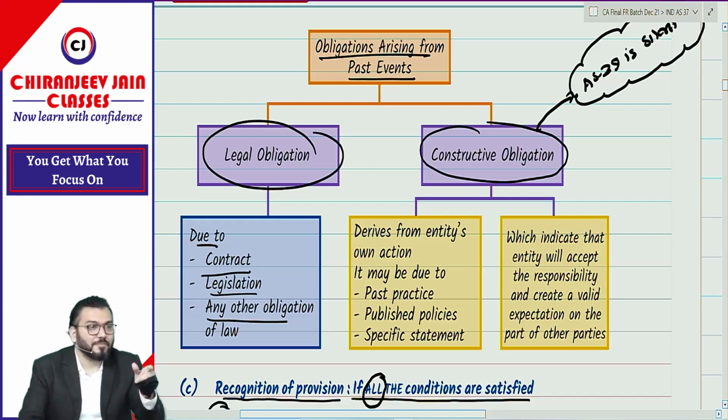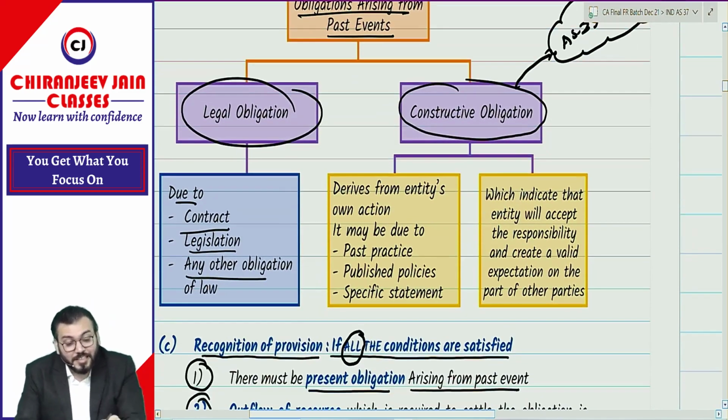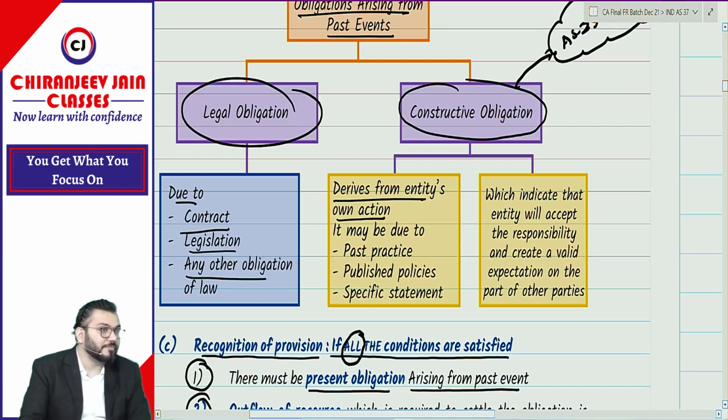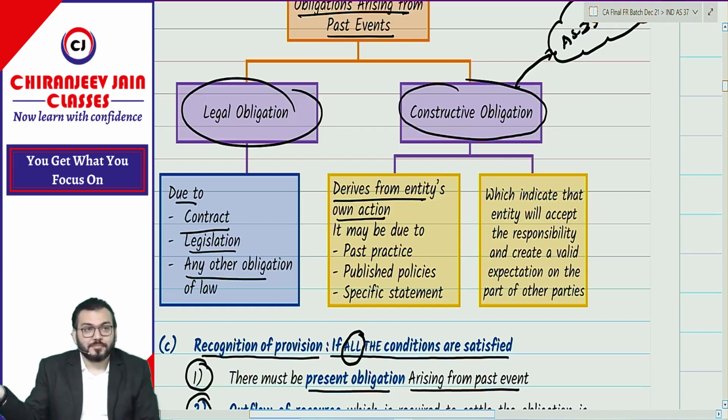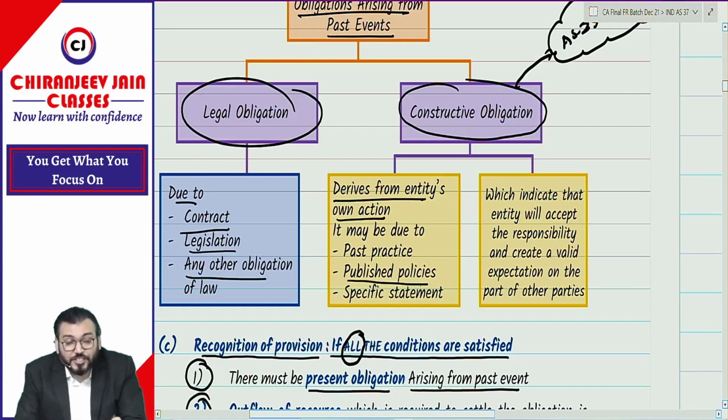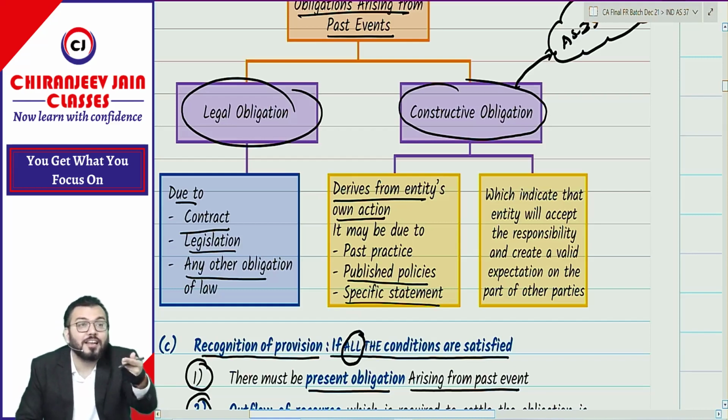If what? Let us understand. The constructive obligation is derived from the entity's own action. It may be due to past practice. It may be due to published policies. It may be due to a specific statement or announcement.